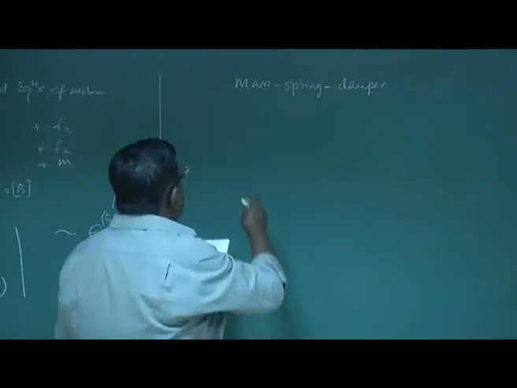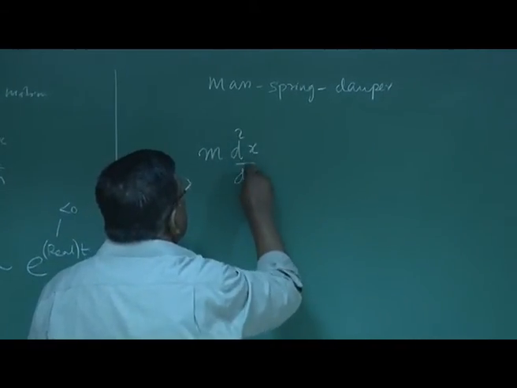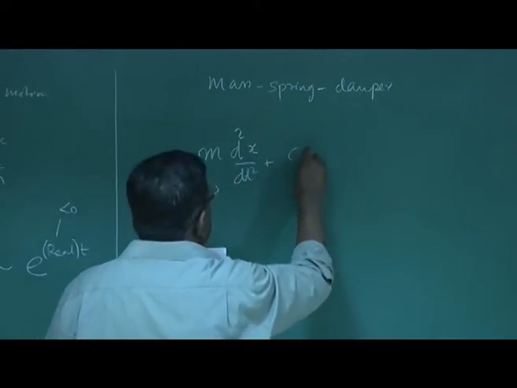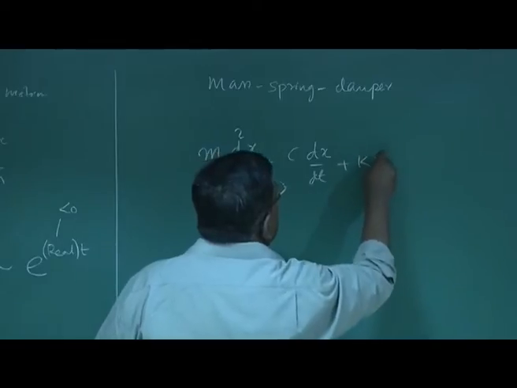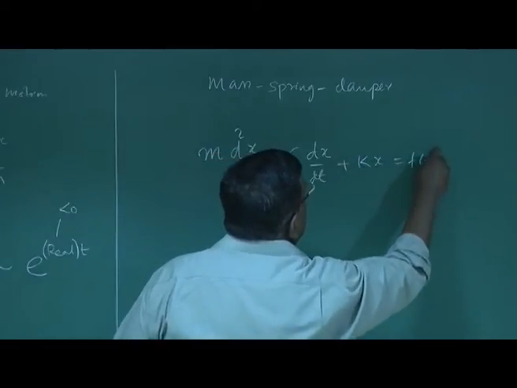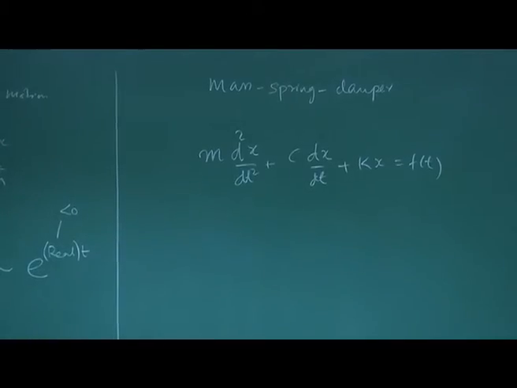The very popular equation is d square x by dt square plus c dx by dt plus kx equal to f of t. This is one dimensional, the motion of a mass which has a spring tied and has a damper.